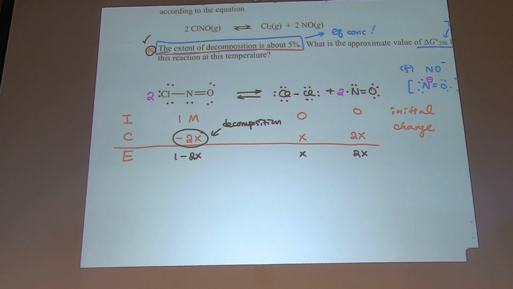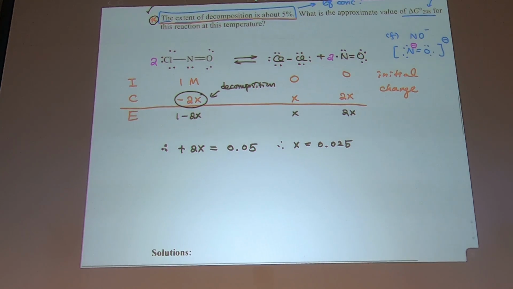So minus 2x is 0.05. That's 5%. So the magnitude of 2x is 0.05, so x is 0.025. That's my concentration change, and I have all the information.